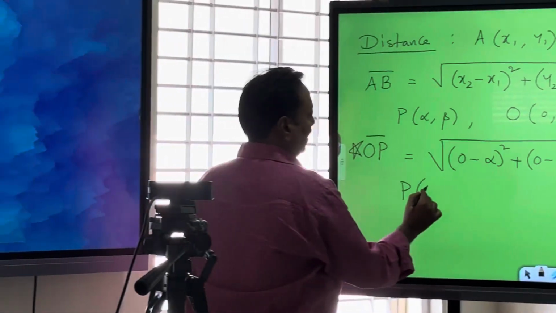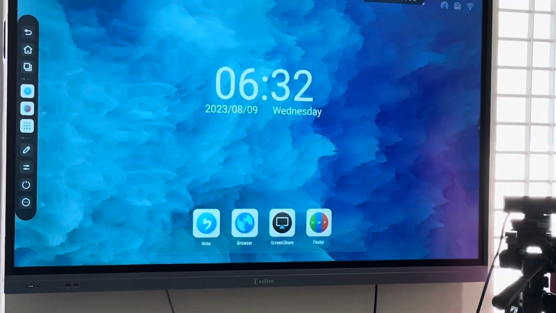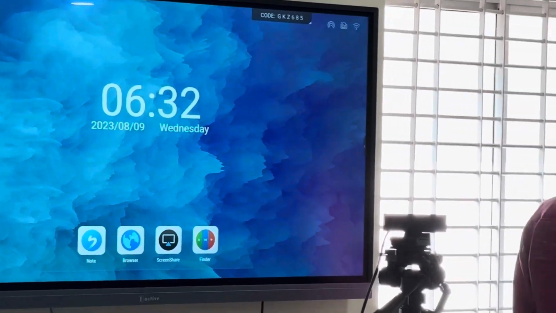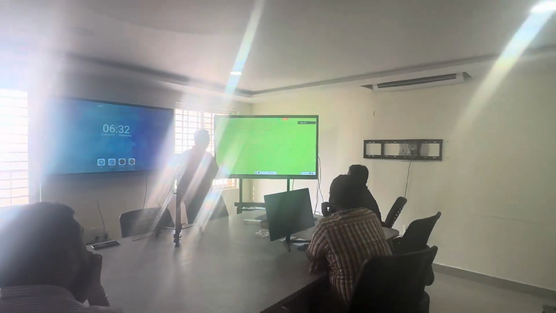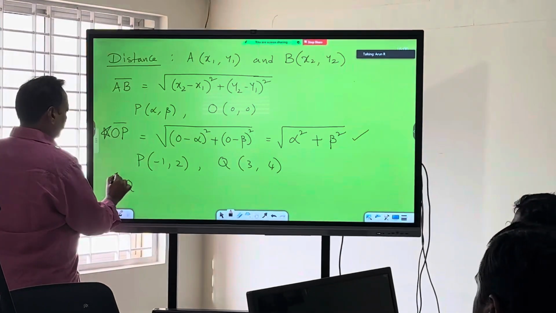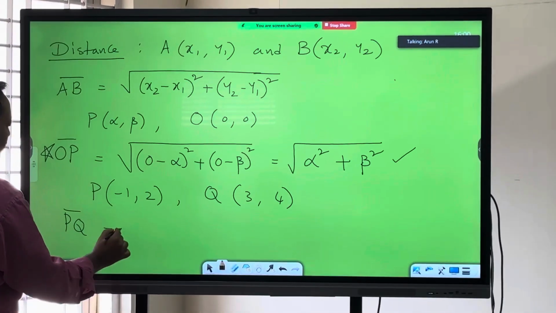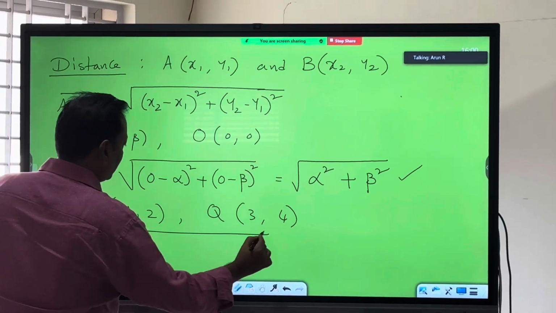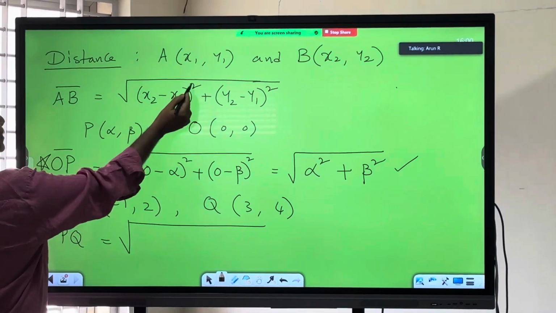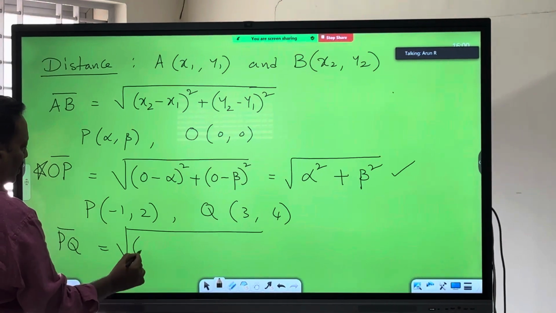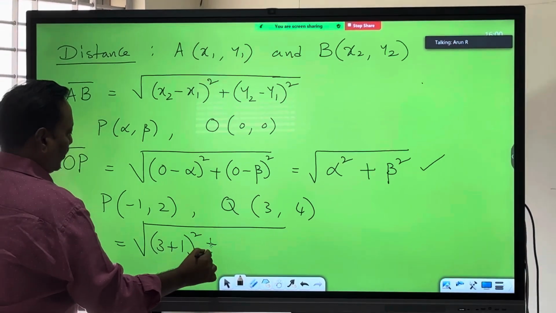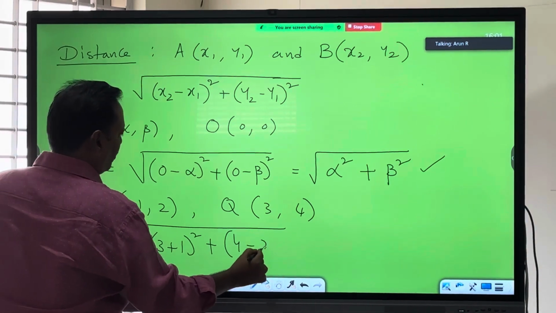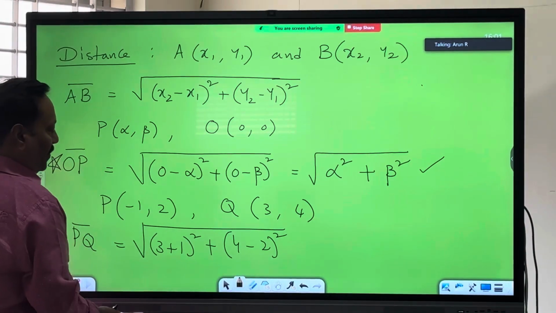For example, one more pair of points I will give. Suppose P is a point having minus 1 comma 2 as the coordinates and Q is having 3 comma 4 as coordinates. Now I have to calculate PQ, the distance between P and Q. Again I will apply the formula. So x2 minus x1 whole square, that is 3 minus of minus 1, which will be plus 1, whole square, and then 4 minus 2 whole square, correct?